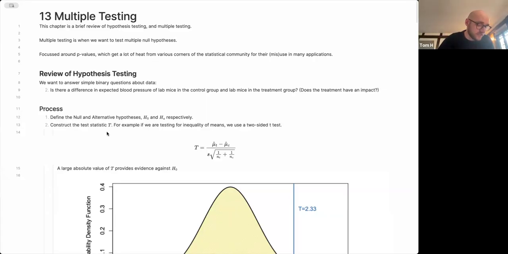It's called a t-test because this statistic follows a t-distribution. If you're testing inequality of variances or other parameters, you will quite often end up with a chi-squared distribution or an F distribution. So the distribution of this underlying statistic really depends on the hypothesis that you are testing.